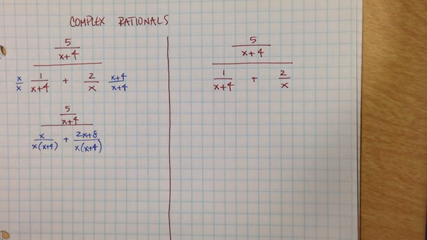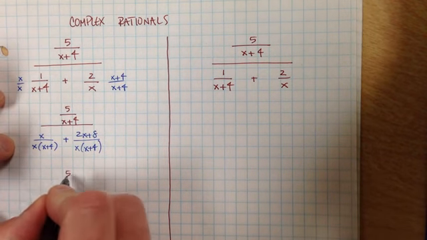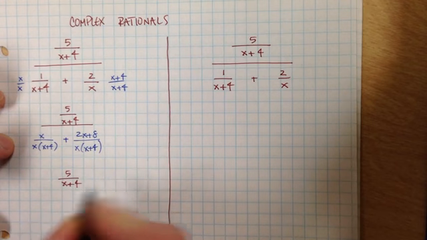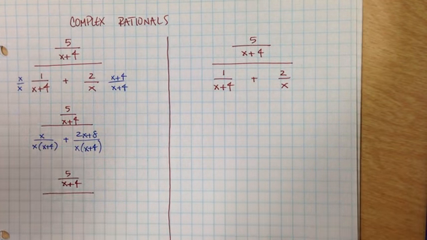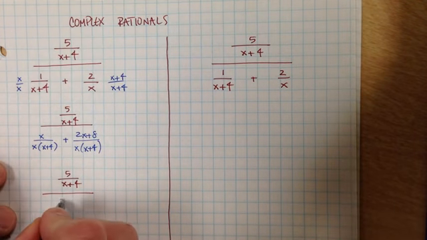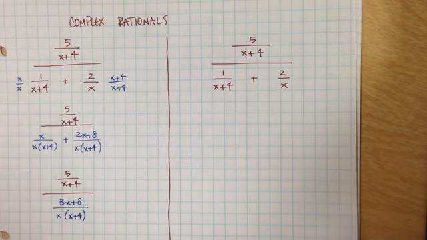Now that we have a common denominator, you are allowed to add or subtract those numerators. So bringing down my numerator, 5 over x plus 4, divided by, let's combine the numerators, 3x plus 8, over x times x plus 4.